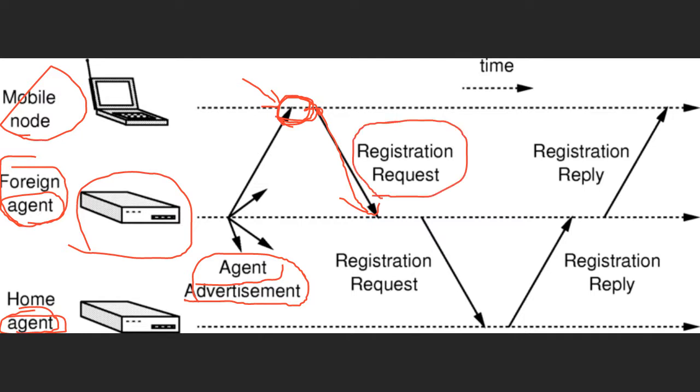Now this foreign agent forwards this request to the home agent of the mobile node, and if the home agent authenticates the registration, the registration reply is sent back to the mobile node, and only then the mobile node is allowed to communicate while it is roaming on any network.